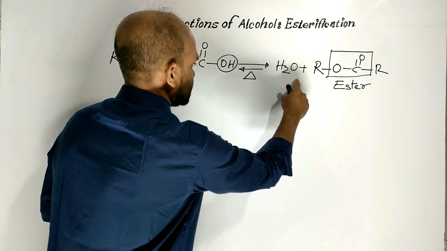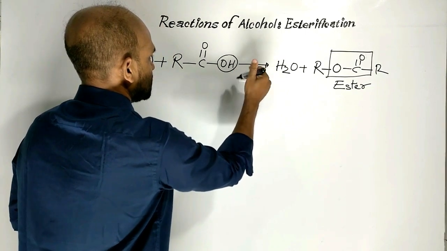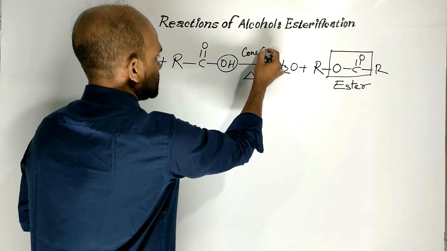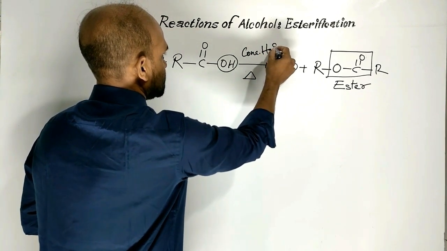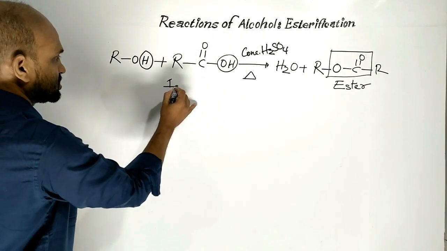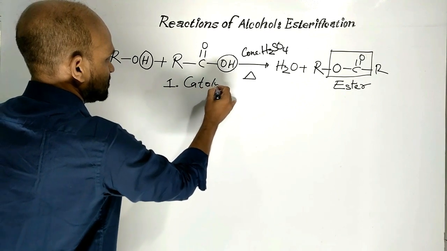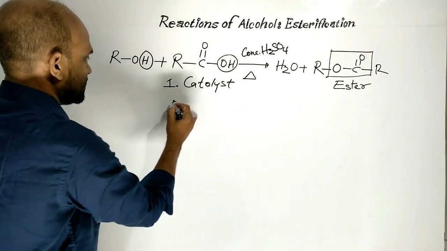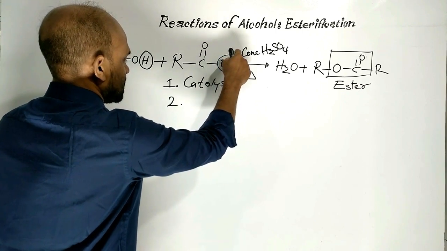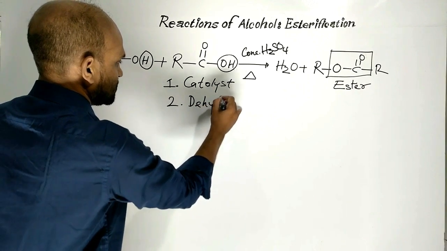So this reaction is made irreversible by adding concentrated sulfuric acid. In this reaction, sulfuric acid acts as catalyst and sulfuric acid acts as dehydrating agent.